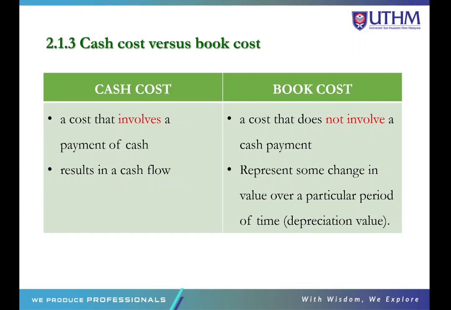It represents some change in value over a particular period of time. It relates to a depreciation value. Okay, I will give you a short video of explanation for you to better understand what the differences are, what is meant by a book cost.